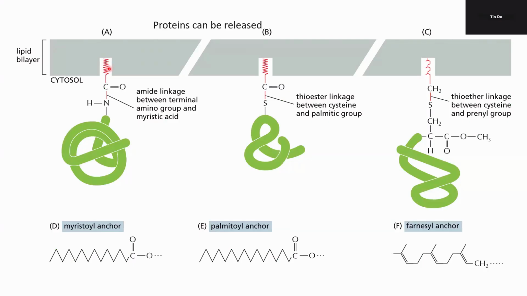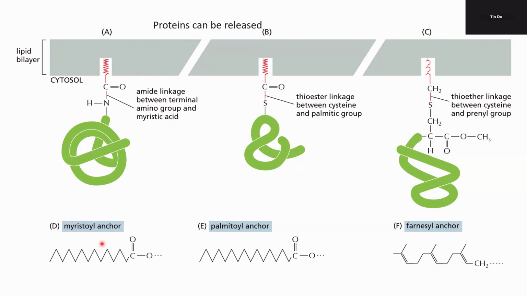So to remove this will require quite a bit of energy. We also have proteins that can bind using a thioester linkage. We have other proteins that use different types of bonding depending on what is attached to them. Okay, it could be a direct sulfur group on a cysteine, or it could be on a prenyl group where a sulfur and a cysteine is found.